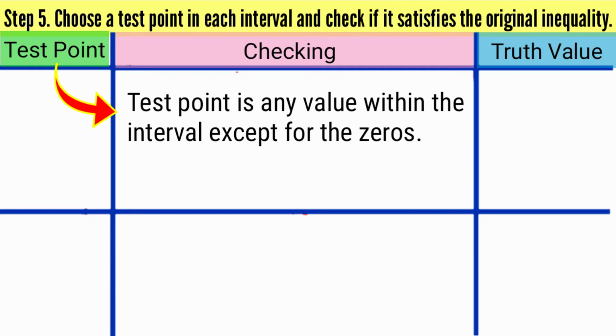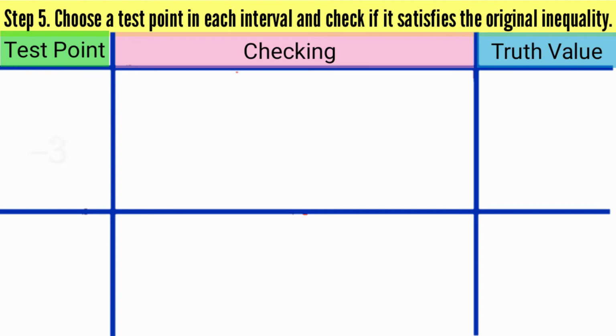So we have negative 3 for the open interval negative infinity to negative 2, 0 for the interval negative 2 to positive 2, 3 for the interval positive 2 to 5, and 6 for the interval positive 5 to positive infinity.